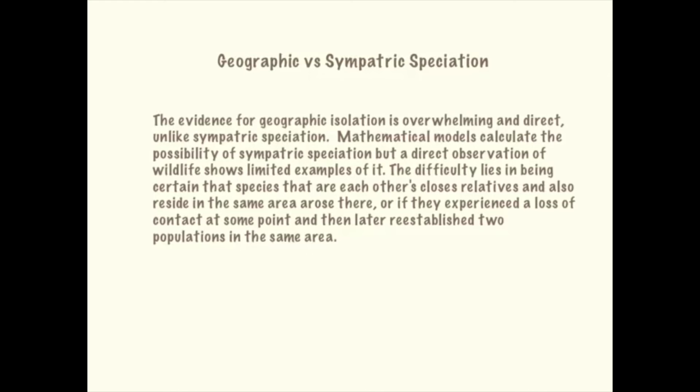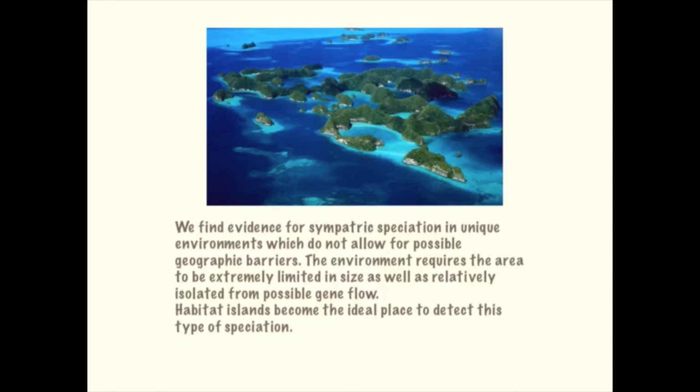This is because it is almost impossible to prove that two sister species living in the same area both originated from the area, or if contact was reestablished after a localization event. Evidence for sympatric speciation can be found in certain areas which are extremely small and are isolated from other sources of gene flow.